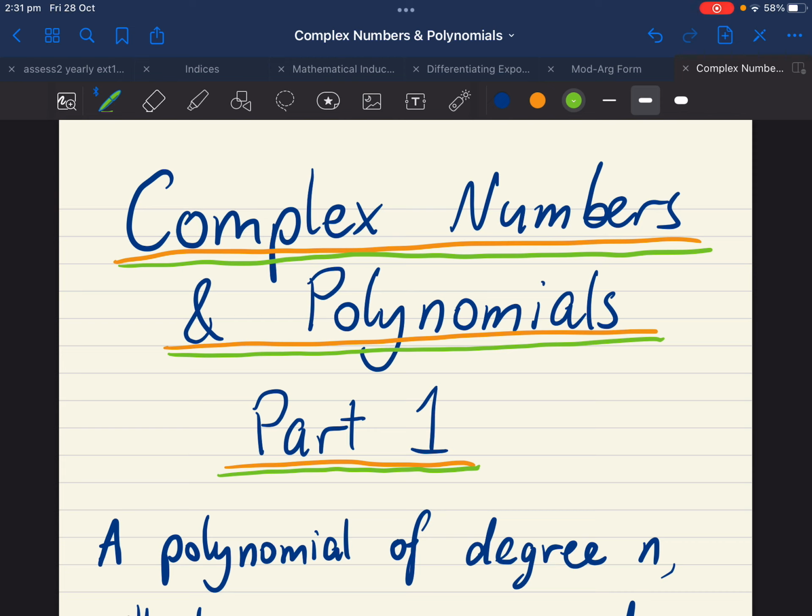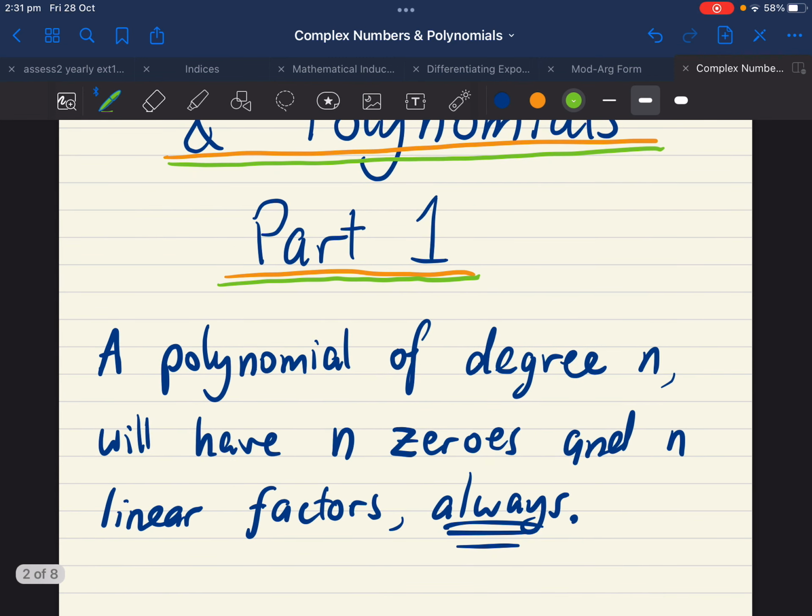So once you consider complex numbers as well, things actually start making a lot more sense and seem a bit more consistent. And this brings us to our first point that we need to know. A polynomial of degree n will always have n zeros or solutions, and also n linear factors.